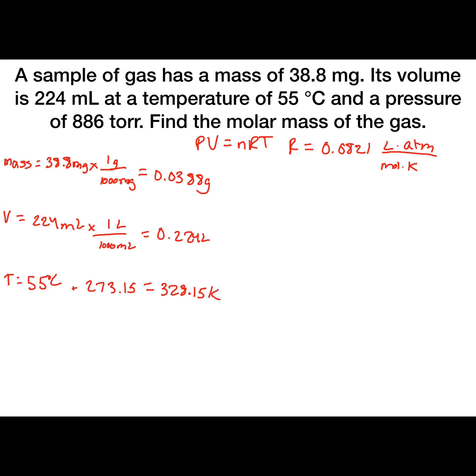Okay, the last one we need to convert is our pressure. So our pressure is 886 torr. Now we need to get to ATM. So from our very first problem in this slideshow presentation, 1 ATM is equal to 760 torr.